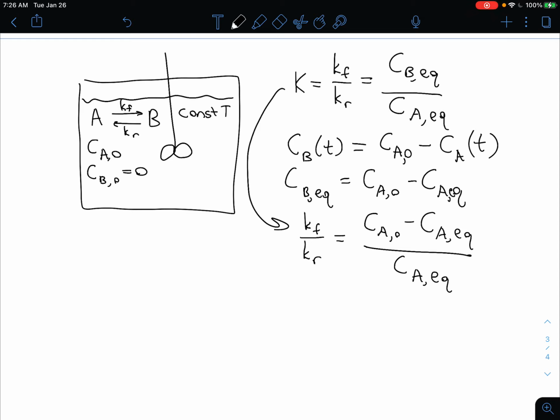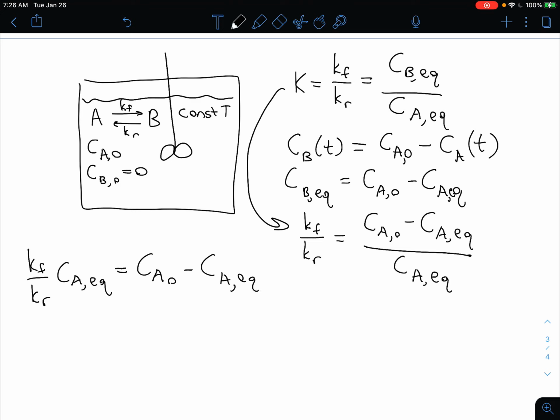So we can use this to actually solve for what Ca at equilibrium ought to look like. So doing a little bit of algebra, we can say that K forward over K reverse times Ca equilibrium is going to equal Ca naught minus Ca at equilibrium.